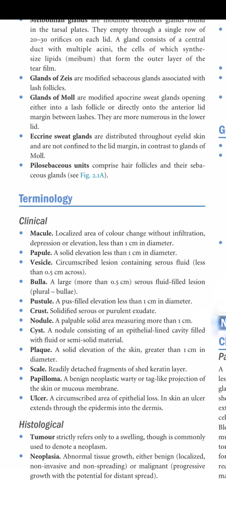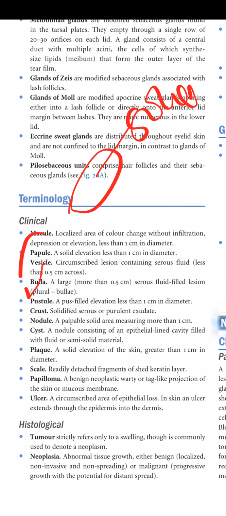A crust is a solidified serous or purulent exudate. So whenever there is a discharge and it is solidified, it is called crusting. A nodule is a palpable solid area measuring more than 1 centimeter. So when it is less than 1 centimeter we call it a papule, and a nodule when it is more than 1 centimeter.